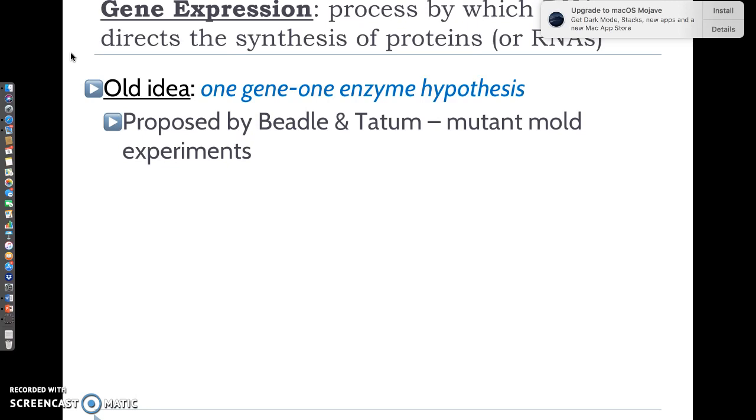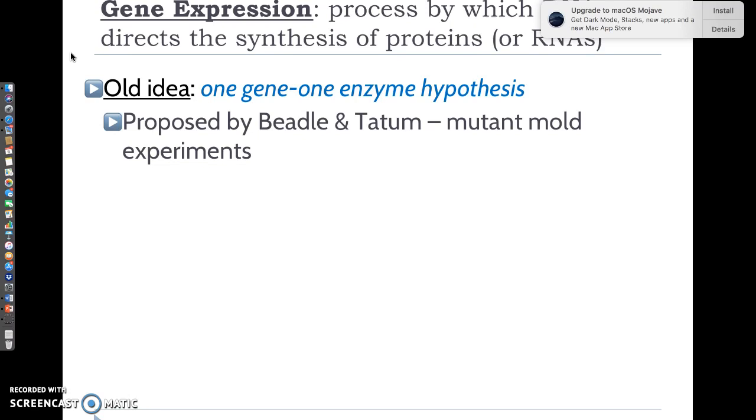Whereas fruit flies are diploid, we would have to look at homozygous dominant, heterozygous, homozygous recessive. In the case of mold, you make one change and you're going to see it in the phenotype. There's no hidden alleles. One allele, one change in the phenotype.